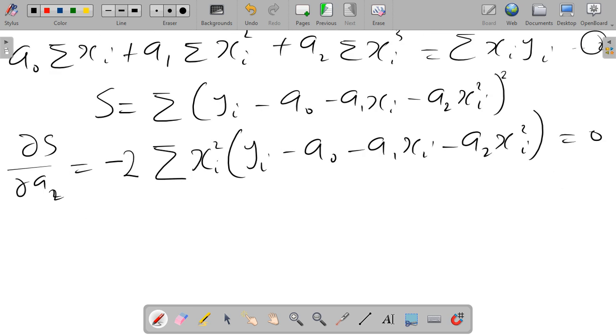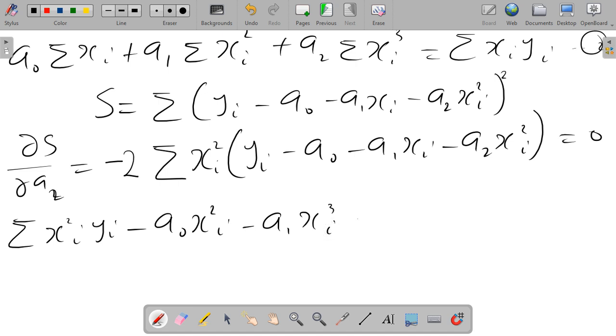So I am left with the summation of x squared i. Okay, let me open the bracket. x squared i times it to give you yi minus a0 x squared i minus a1 x cubed i minus a2 x to the 4 i, okay, is equal to 0. So share the summation for them.